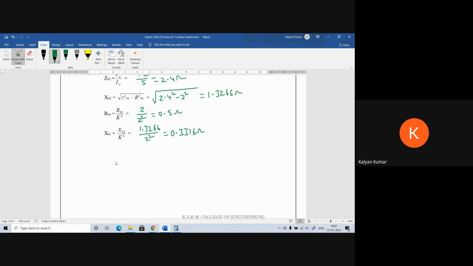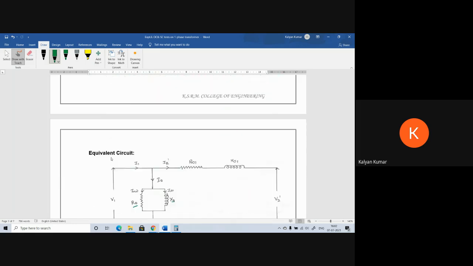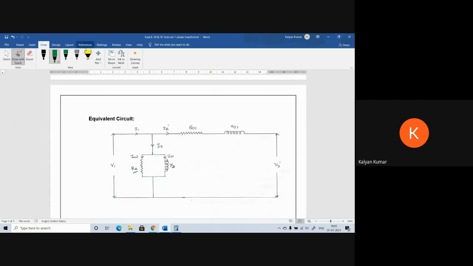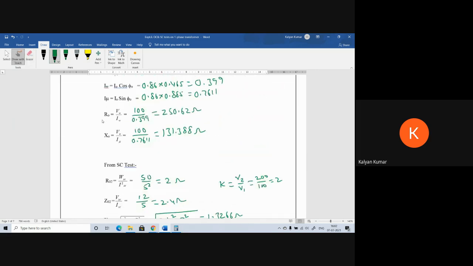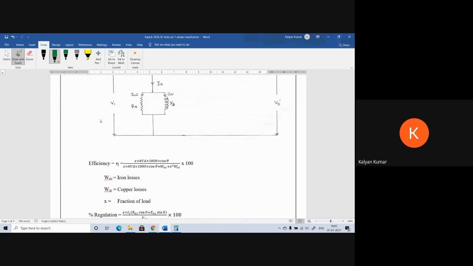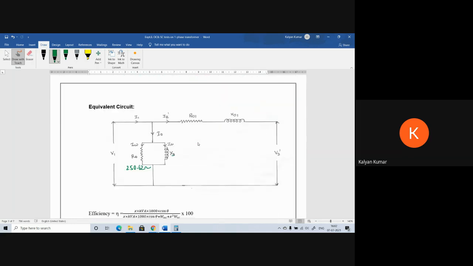So we have obtained R0, X0, R01, X01. Now we can represent these values in the equivalent circuit diagram. R0 we got as 250.62, and X0 is 131.388.